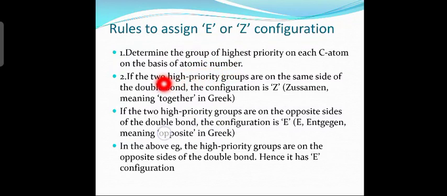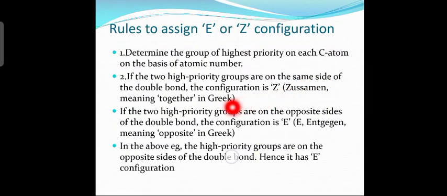If the two high priority groups are on the same side of the double bond, the configuration is Z. Z means zusammen, as I told you already, which is a German word meaning together. So two high priority groups on the same side means they are together.